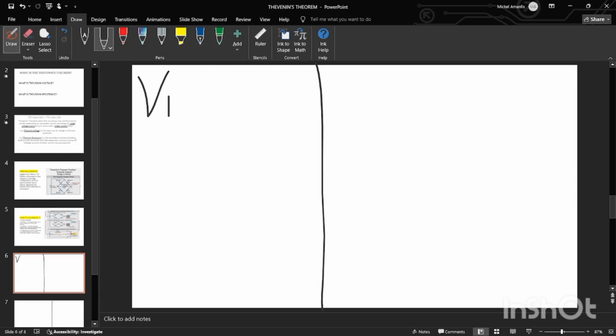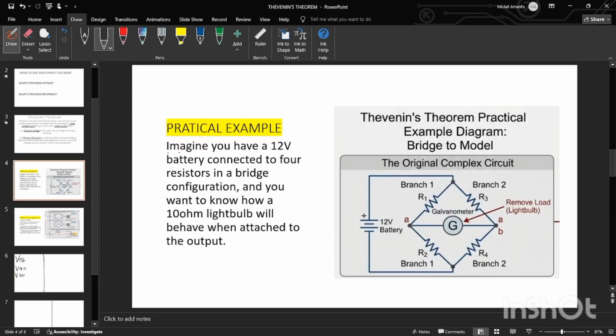For the V of TH, you have to find the volt at terminal A and the volt at terminal B. And how do we find the volt at terminal A and terminal B? Let's come back here. Here is terminal A and here is terminal B. So at terminal A we have R1 and R2.